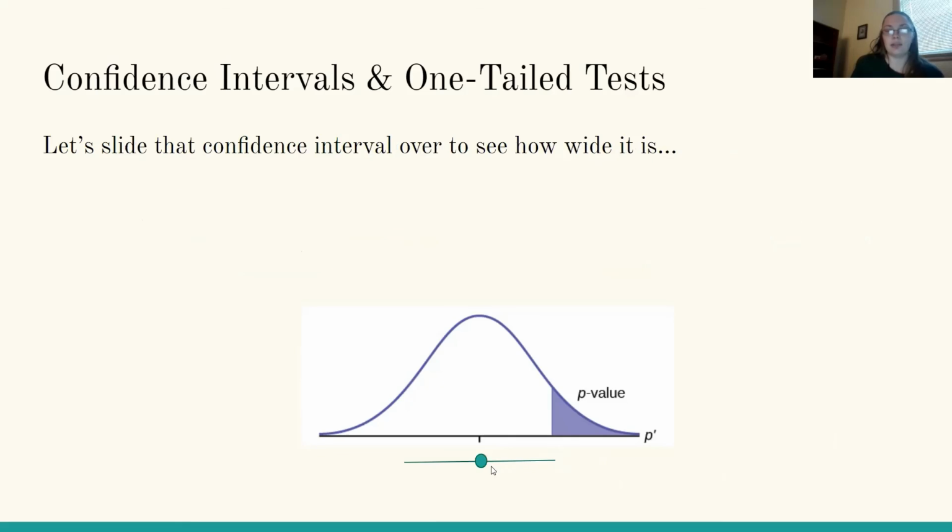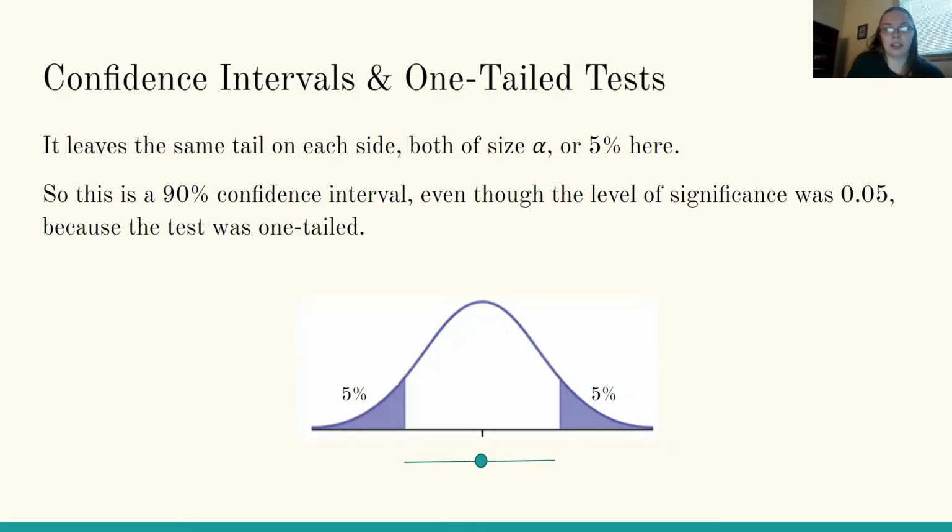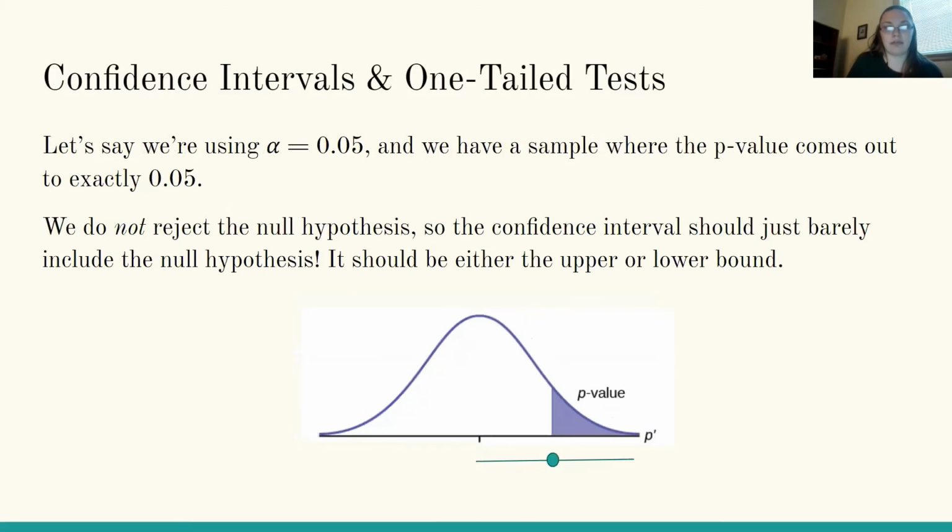So we can kind of think about how big the confidence interval is compared to the distribution by sliding it over, right? So now we've kind of put the center right at the mean of the distribution, right at our hypothesized value. And what we have on either side is an amount of size alpha, right? Which in our example was 5%, 0.05, right? That's what we're using here.